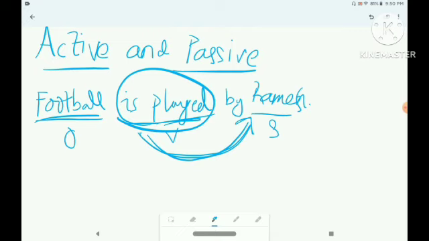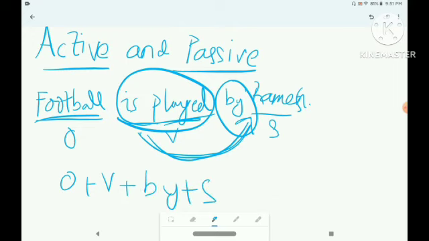But in the passive voice, our sentence must have this by. Always the object plus verb plus by plus subject is the structure of passive voice sentences. So this by must always be there in passive voice.